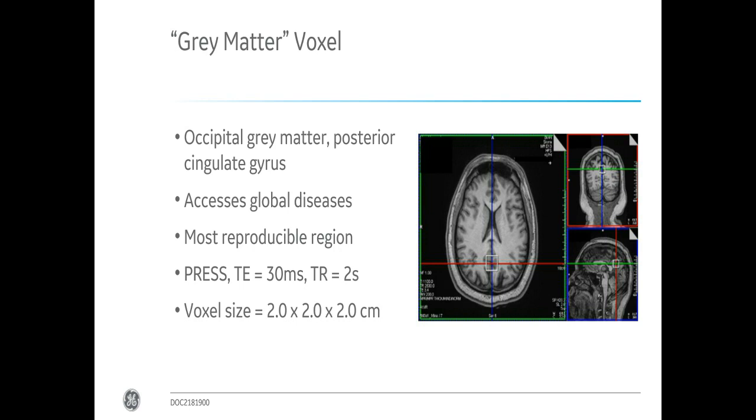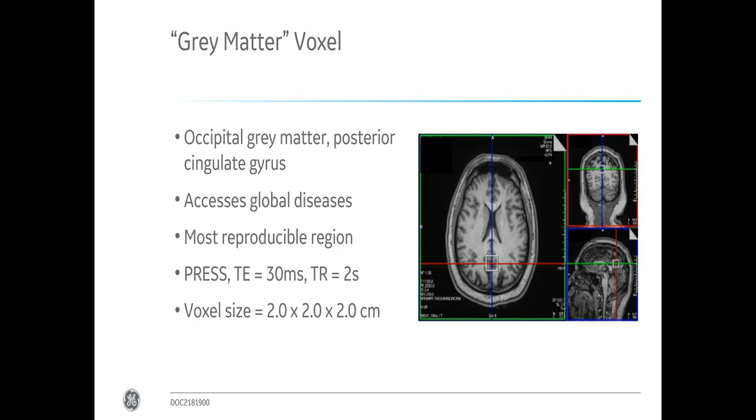So therefore, one of the today most common protocols is a short echo time, 30 millisecond acquisition with a repetition time that is not too short to avoid too much T1 weighting, and not too long to make the overall acquisition too long. So it's an intermediate repetition time of about 2 seconds, and a typical voxel size of 2 by 2 by 2 cubic centimeter, so an 8 milliliter voxel.